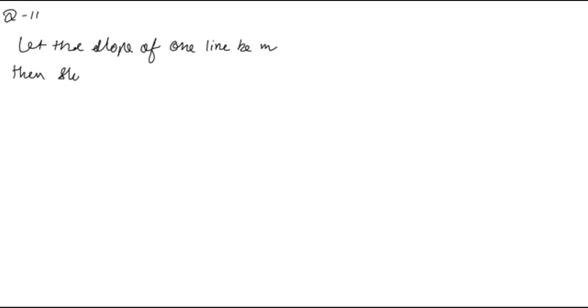Let's try to understand the 11th question, where it is given that the slope of one line is double the slope of another line. So we will assume that the slope of one line is m, then the slope of another line will be 2m.